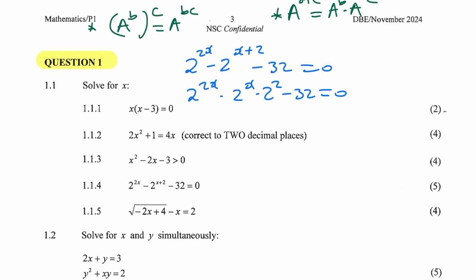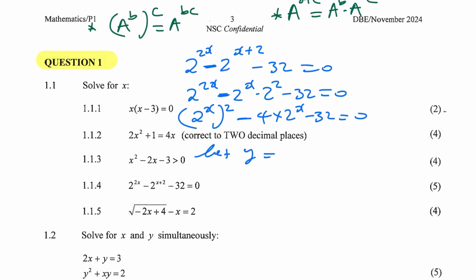Okay, and we can also simplify this using this here. This could be written as 2 power x power 2, right? So this is a minus because of that minus. This is 2 squared, that's 4 times 2 power x minus 32 is equal to 0.